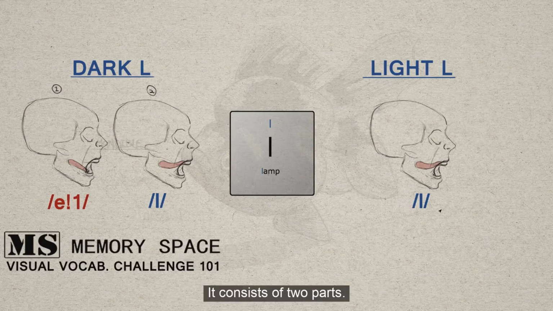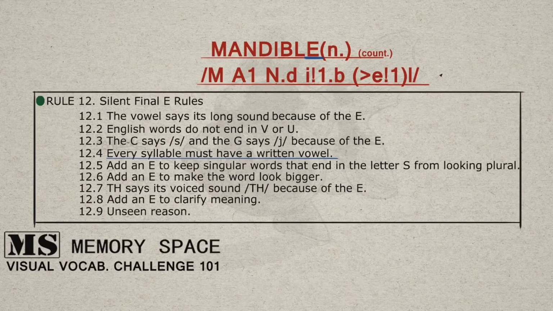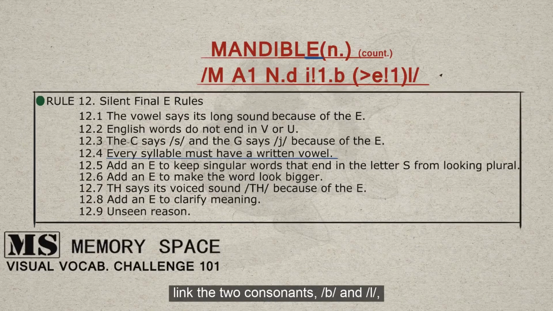It consists of two parts. The first part is the first schwa sound, and the second part is the light L. We say dark L in the last syllable because we need a vowel to link the two consonants. And we also need a silent final E in the last syllable since every syllable must have a written vowel.